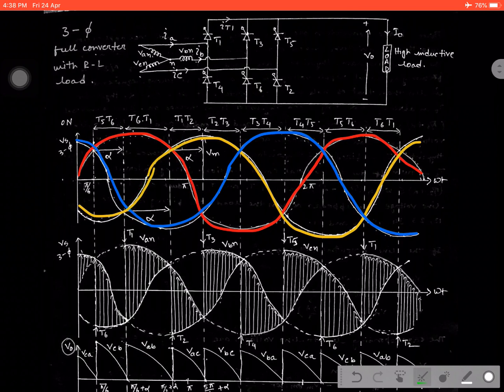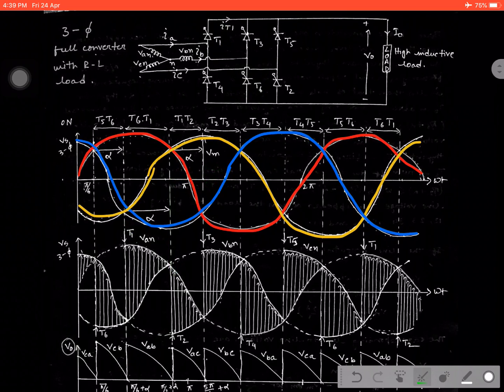In the previous case, in this particular case, what happened? Think very carefully. What happened? VAN is greater than VBN. That is why T1 was in conducting state in forward direction, and T6 was in conducting state in forward direction. But after crossing this point, what happened?